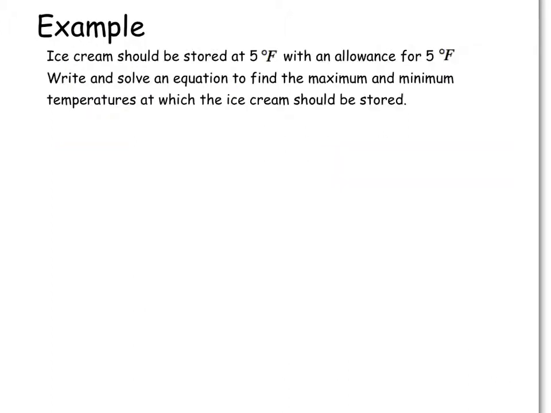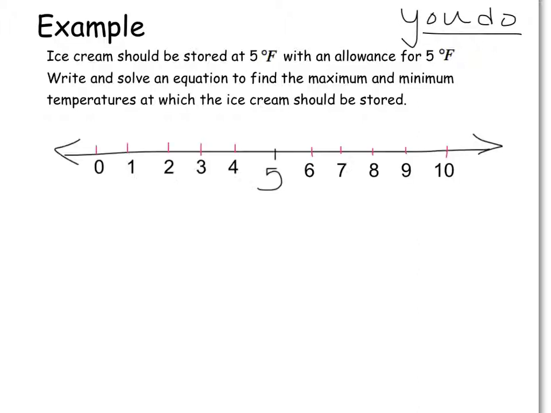Okay, you do. And replay me when you're ready. Okay, an ice cream shop should be stored at 5 degrees Fahrenheit with an allowance of 5 degrees Fahrenheit. Write and solve an equation to find the maximum and minimum temperatures at which the ice cream should be stored.